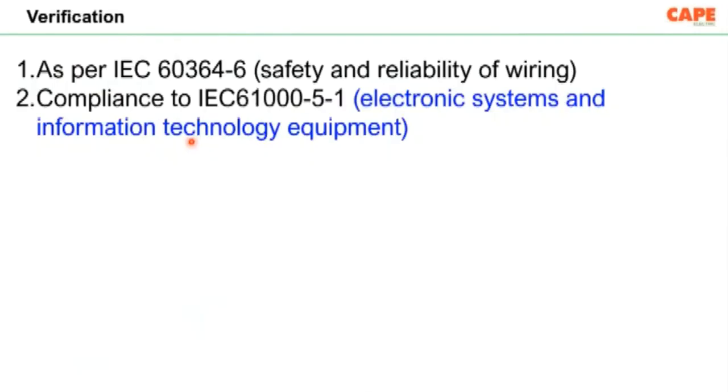Now, the last part: whenever your electrical system is completed, we are supposed to verify the system, which includes inspection and testing. Similarly, for an electronic system, during or after commissioning, we are supposed to comply as per the IEC 61000 standard, electronic system and information technology equipment. After installation, we are supposed to do testing, and I'm not talking about the testing of an electrical item or a device.